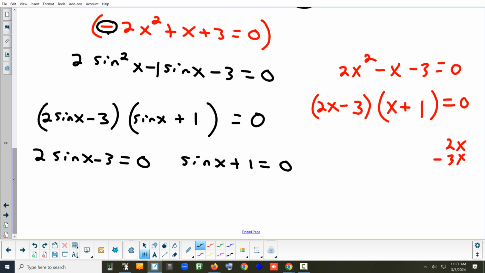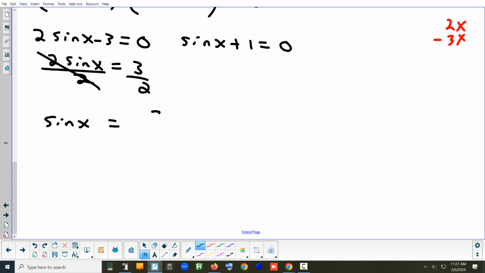Okay. Now, what would be your first step to start to get the 2 sin x by itself? Yep. So always deal with the addition or subtraction first. So add the 3 to the other side. Something else I can still get rid of on the left. Divide by 2. It's exactly the same thing you would do right here. Add the 3 and then divide by the 2.